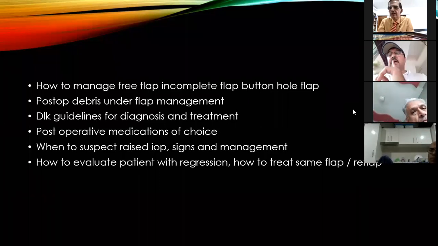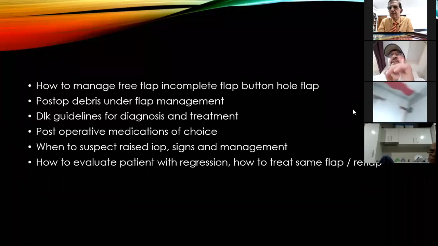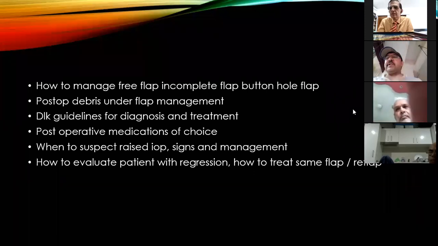It is a ratio of the thickness of the flap plus the amount of ablation you do divided by the total thickness of the cornea, which should not be more than 0.4. I keep 0.38 as the final one.